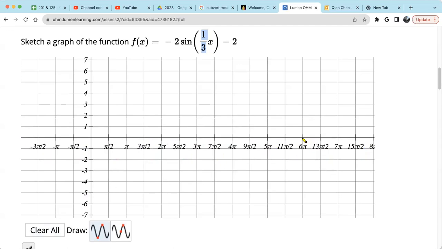Let me mark 6 pi, then 3 pi, 3 pi over 2, and 9 pi over 2. We use these 5 points, and we'll get another 2 points. So (0, 0) is on the graph, this is on the graph, then this one is on the graph.